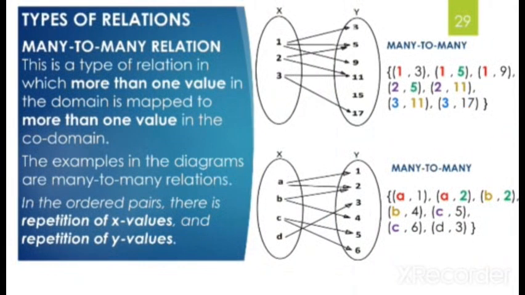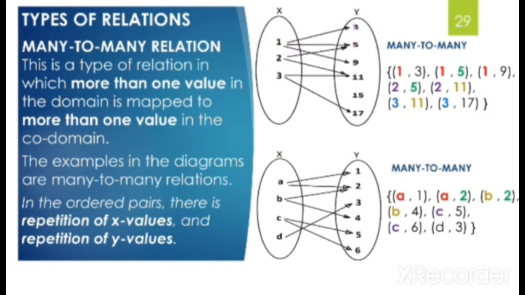Then finally, we have many-to-many relation. This is a type of relation in which more than one value in the domain is mapped to more than one value in the codomain. So when we look at the first diagram, you will notice that we have 1 being mapped to 3, 5, and 9.